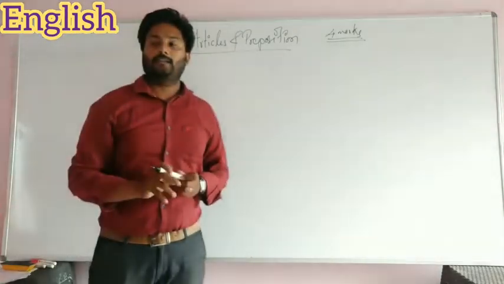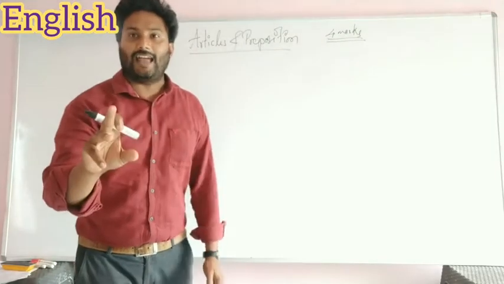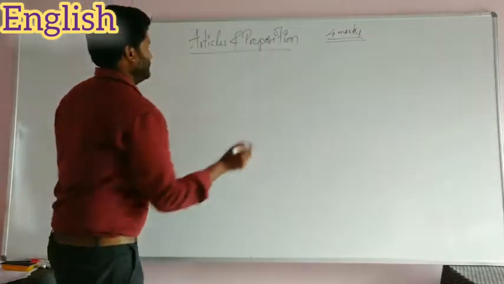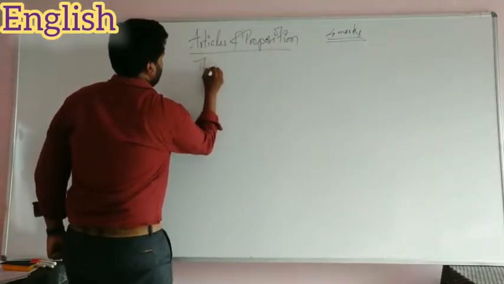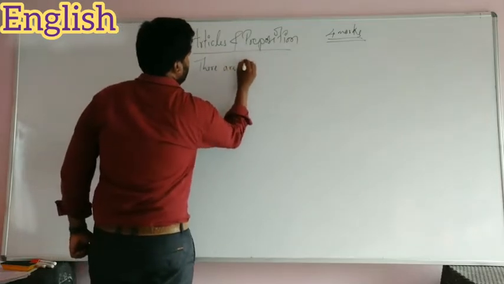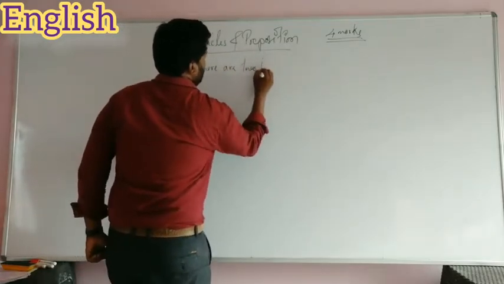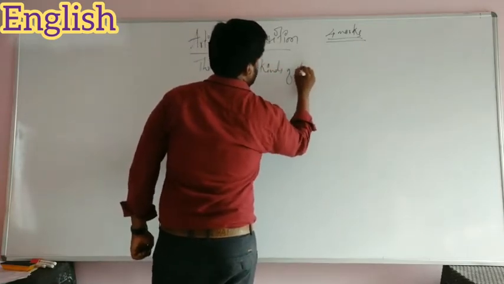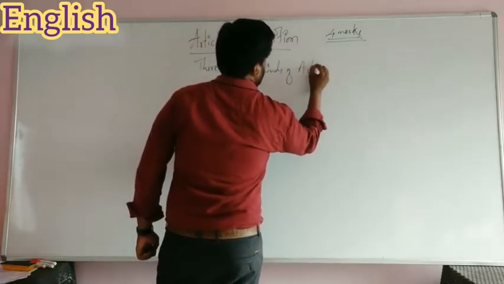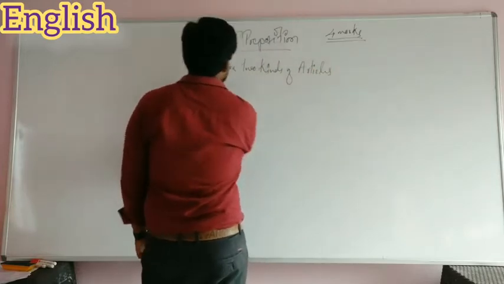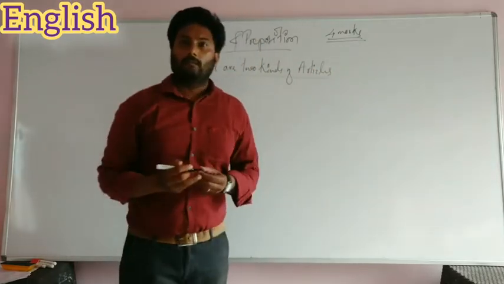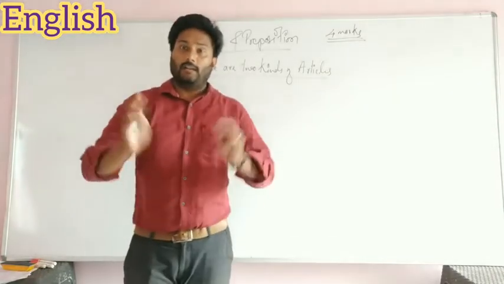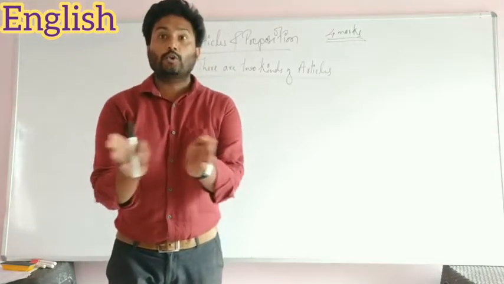Stepping towards the next point, the articles are classified into two kinds. There are two kinds of articles. See, the three articles are classified into two parts.